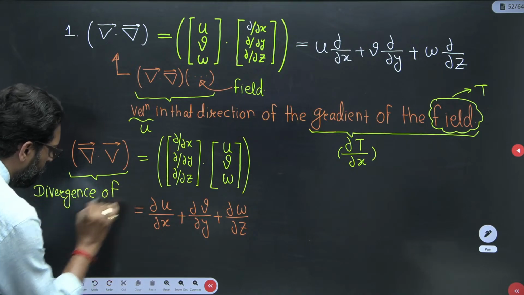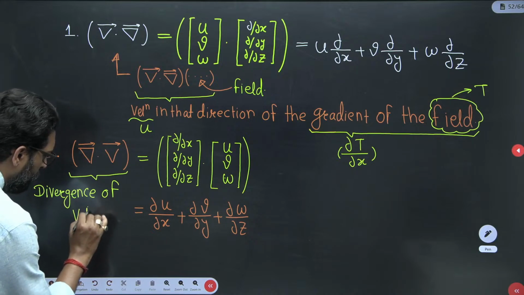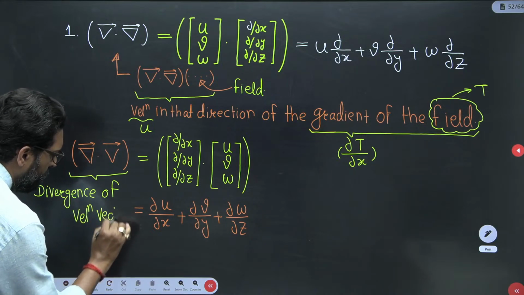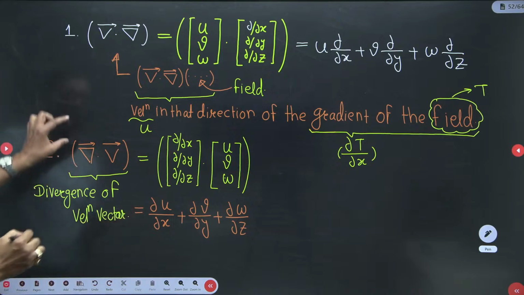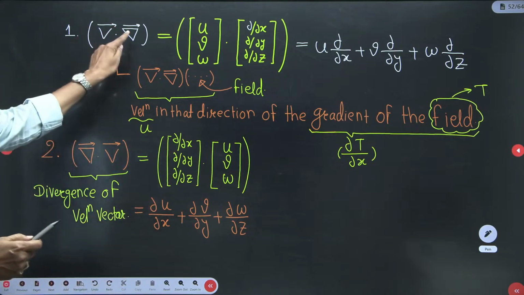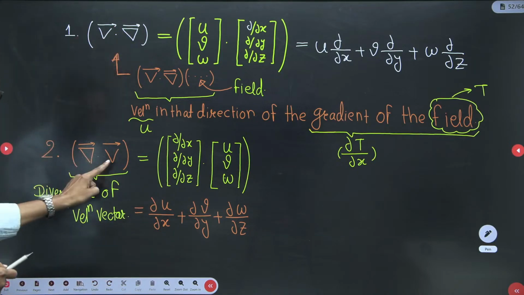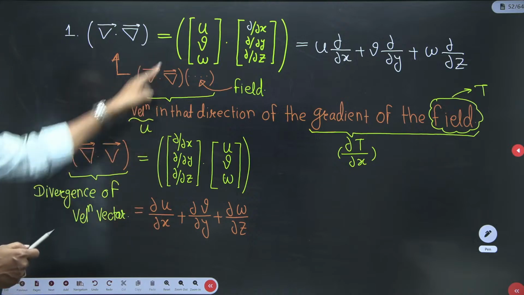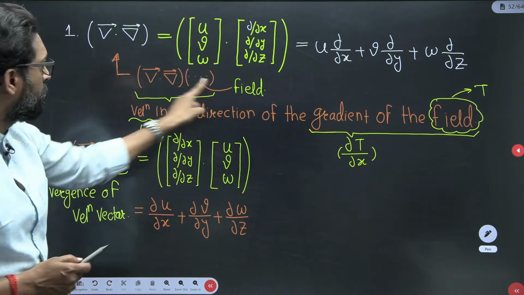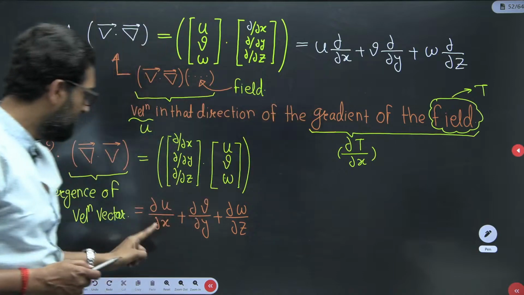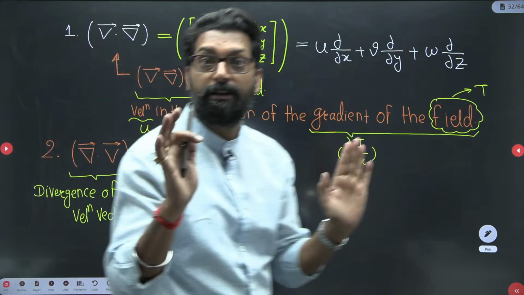Divergence of velocity vector. So my dear, v dot del and del dot v are not equal. This is like that and this is like that. Very important thing is there.